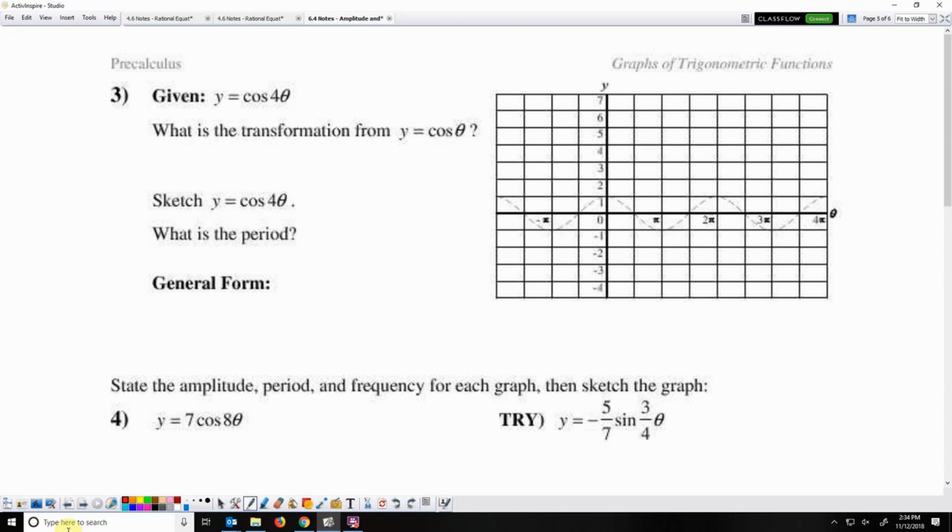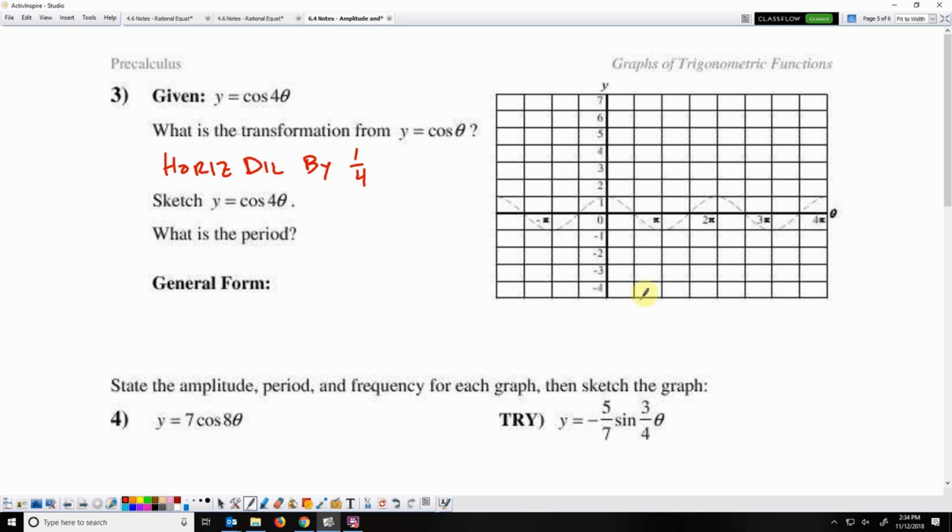Okay, next graph, y equals cosine 4 theta. So this time, it's a horizontal dilation by 1/4. So instead of multiplying the y values by 3 like we did before, we're going to take our x values, which are actually theta values here, and multiply them by 1/4.